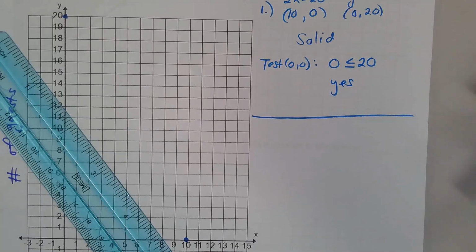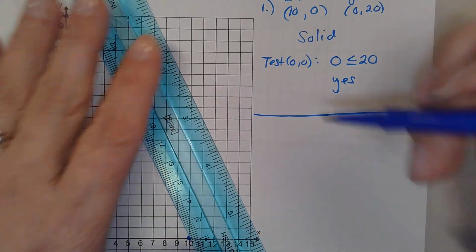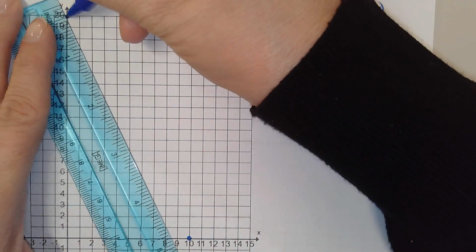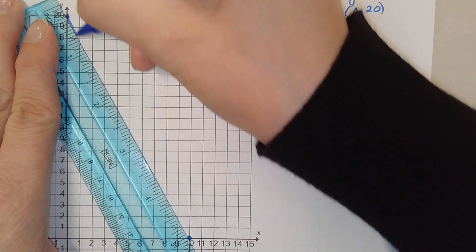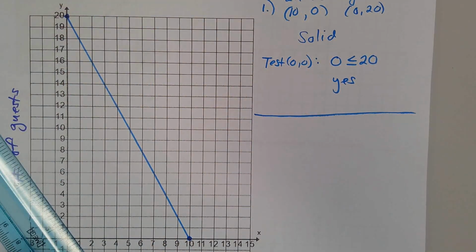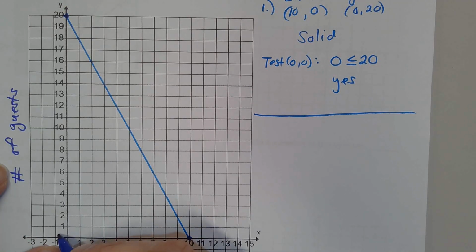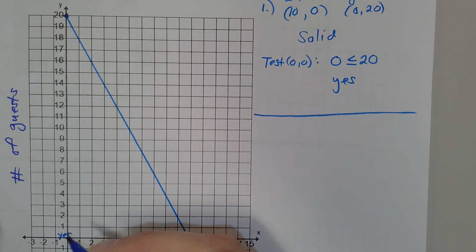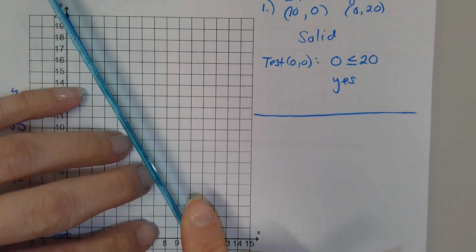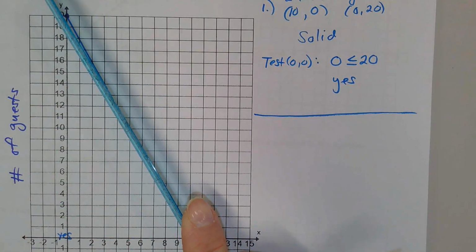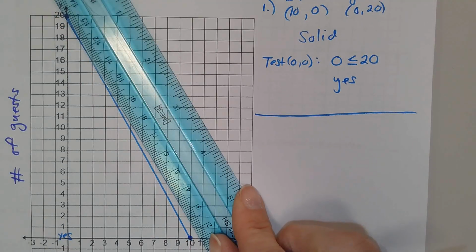But remember, we don't want negative people, so we only stop at these points. Solid line. And 0, 0 said yes, so I'm going to put a little yes right here. Do I shade below the line? And the answer is yes.